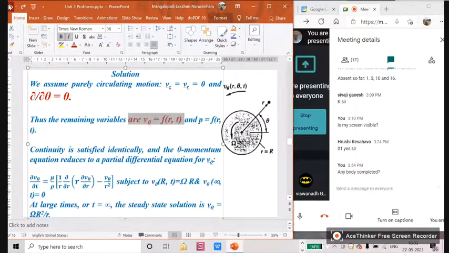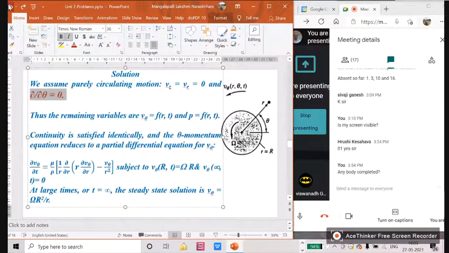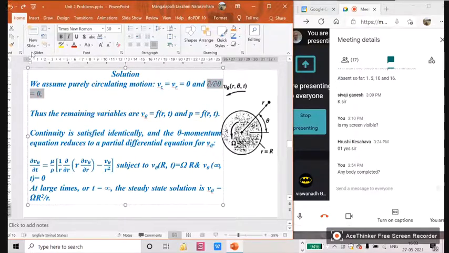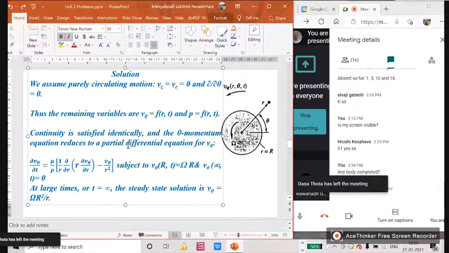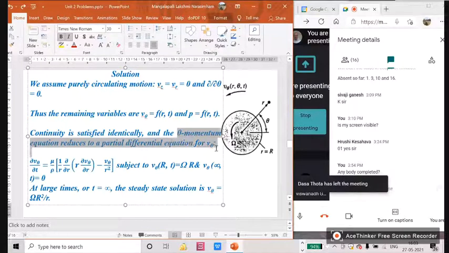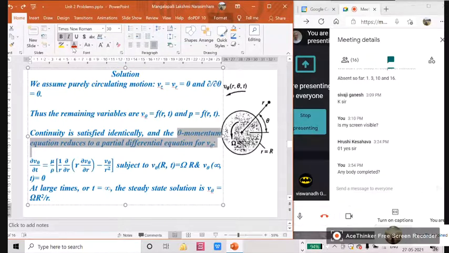So with these conditions, the continuity is automatically satisfied and the theta momentum equation, now this is the one we have to consider.